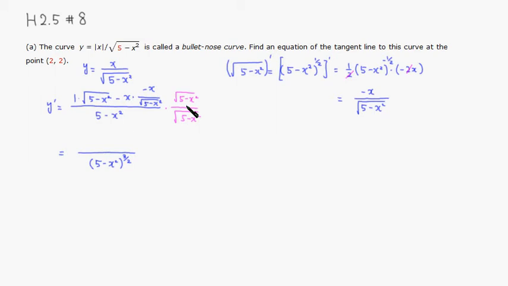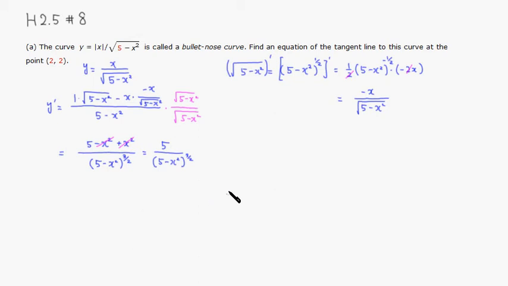On top, square root of 5 minus x squared with itself is 5 minus x squared, then the square root of 5 minus x squared cancels out, so you get the positive x squared. Negative x squared and positive x squared cancel out, and you get 5 over quantity 5 minus x squared to the 3/2 power.